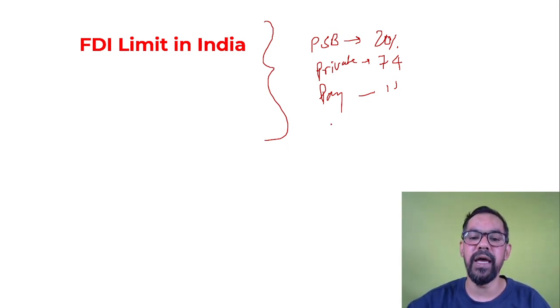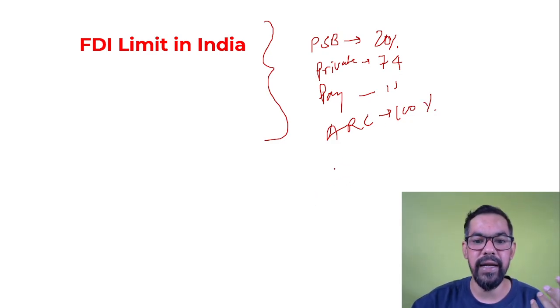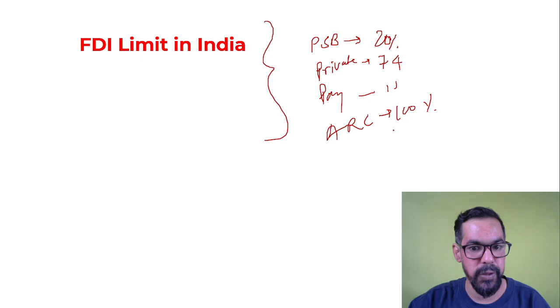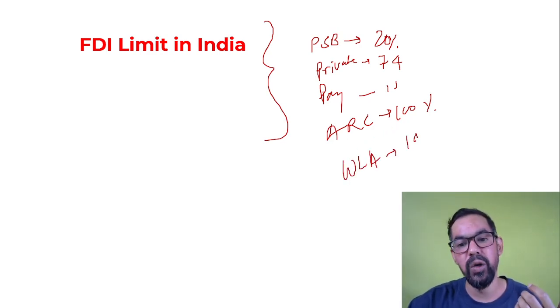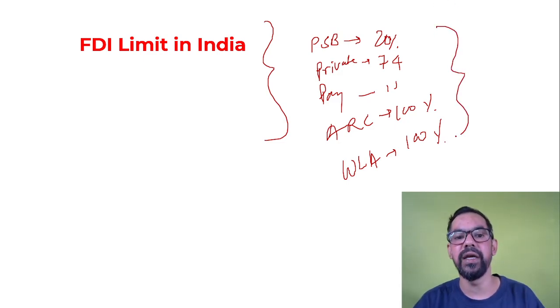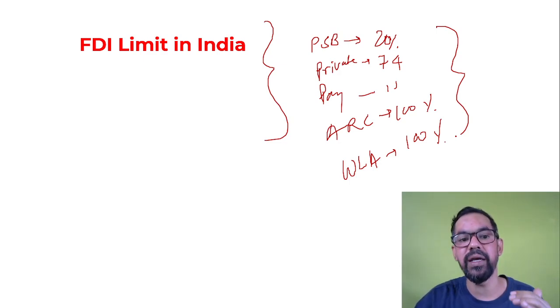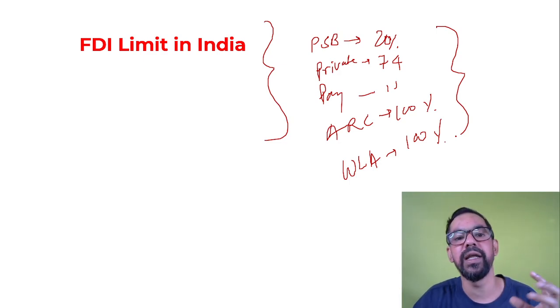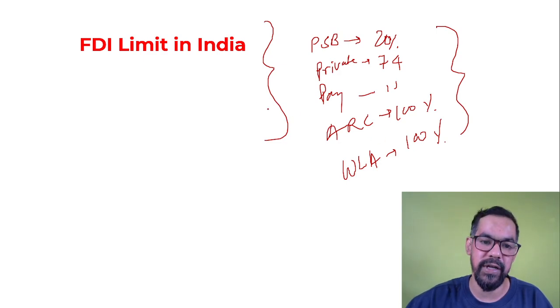In case of asset reconstruction companies, we have 100%. In case of debt recovery companies, we have 100%. In case of white label ATMs, we have 100%. So Government of India decided areas as per the concerned business. So they set some limit. Within this limit, a foreigner can own that particular business up to this maximum percentage. So that is generally known as FDI limit.